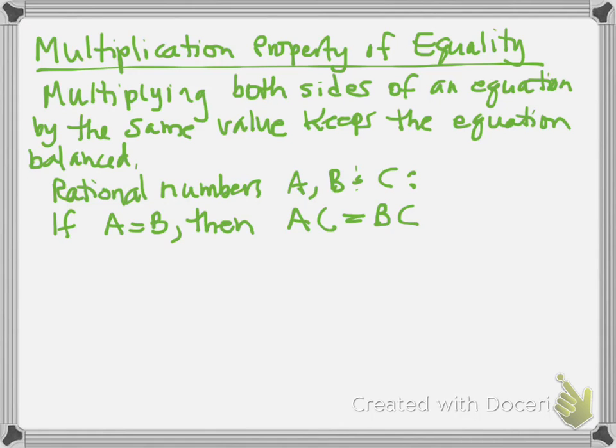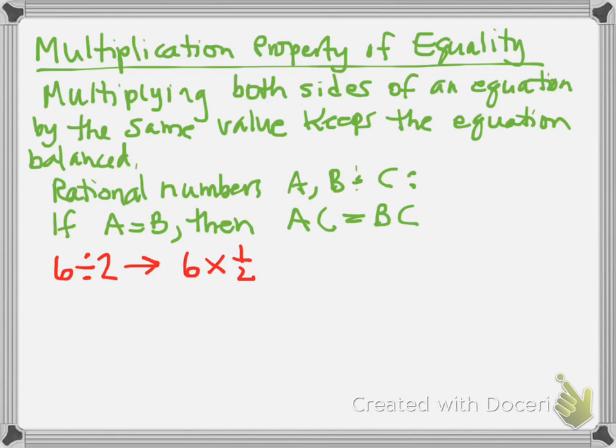Now you might think, well, why do we just talk about multiplication? Why don't we talk about division? But remember, if I have this problem, 6 divided by 2, I can use multiplication to solve that problem, right? I can multiply by the reciprocal.